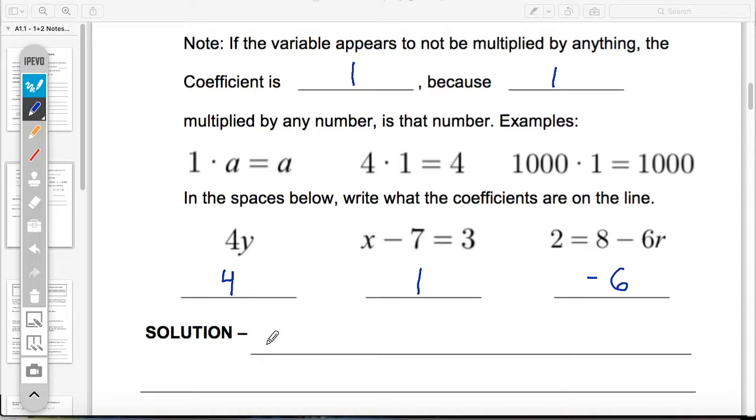So let's look at the word solution. A solution is a value that we can put in place of a variable.